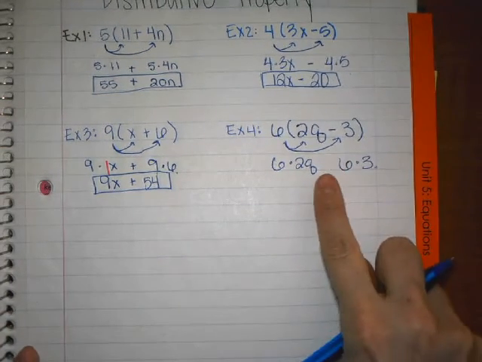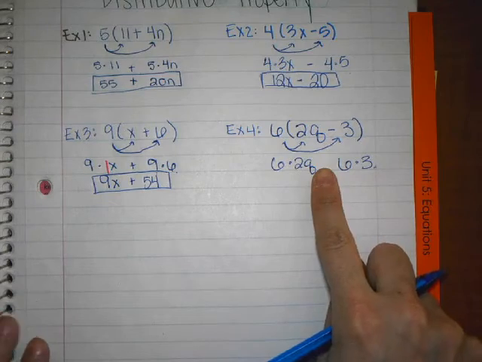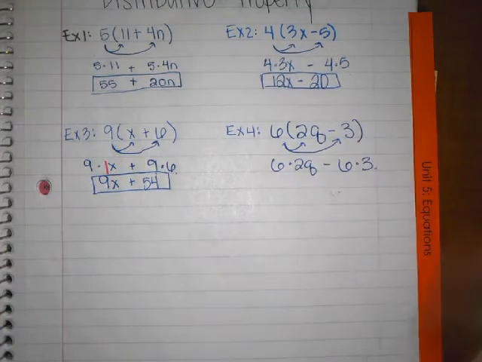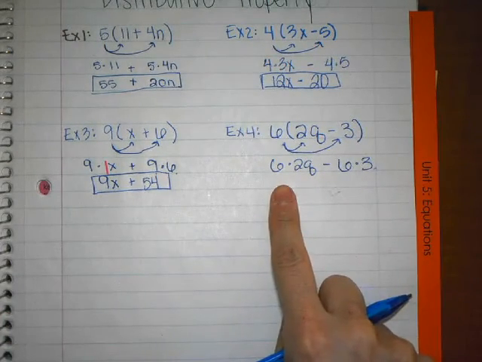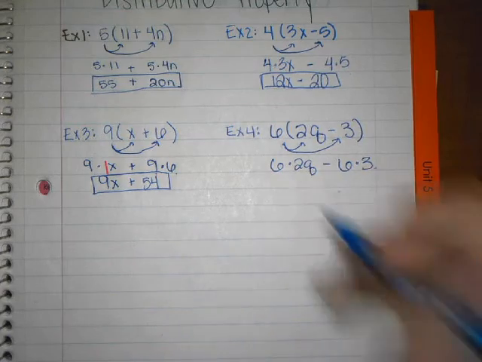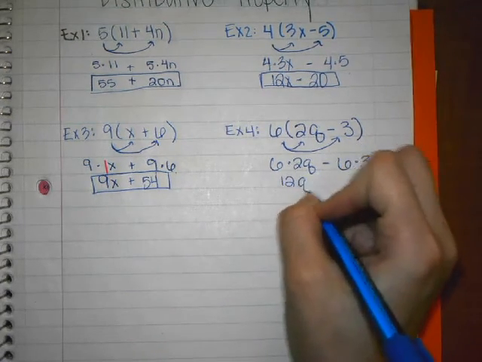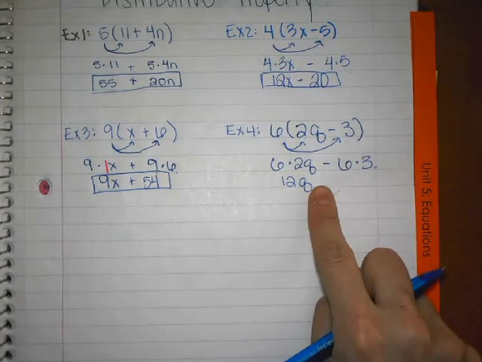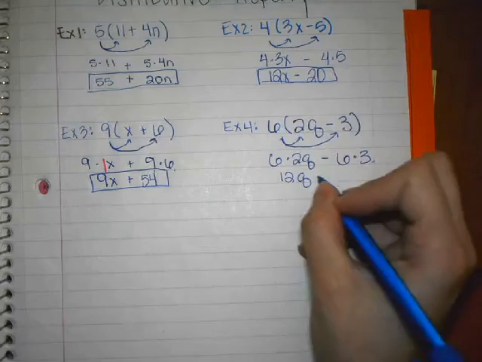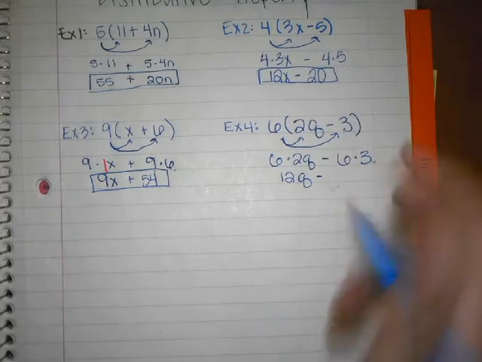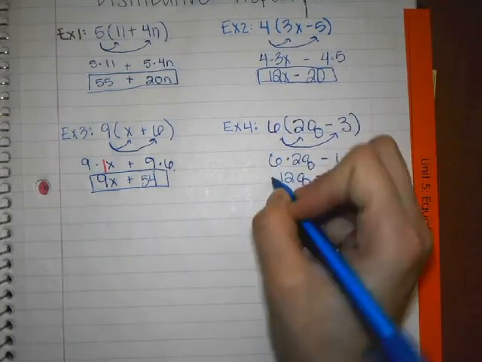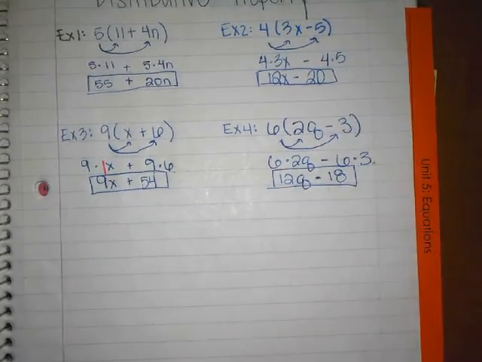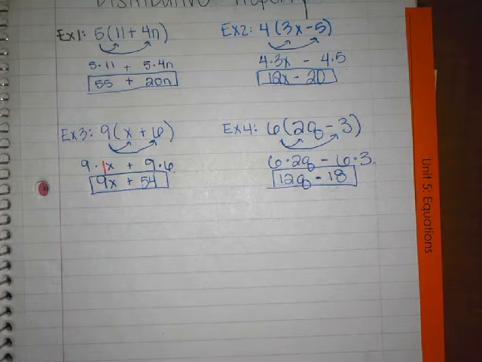What operation sign should go between the two? And then do your math. What's 6 times 2q? 12q. What operation sign should be next? And what's 6 times 3? So your answer is 12q minus 18.